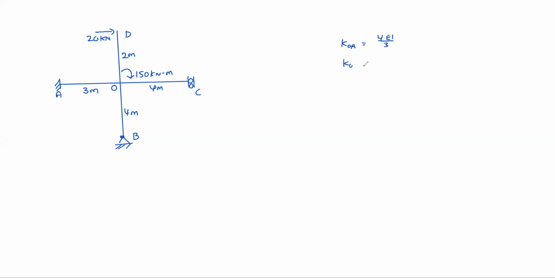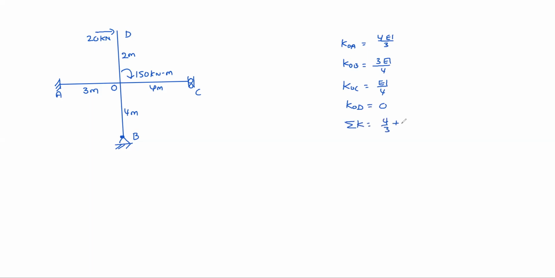KOB equals 3A by 4. KOC equals A by 4. KOD equals 0.